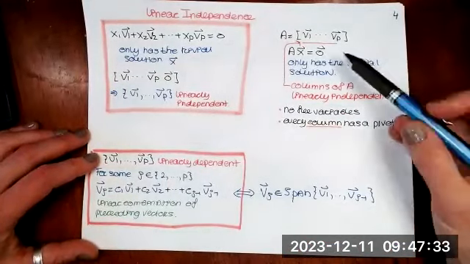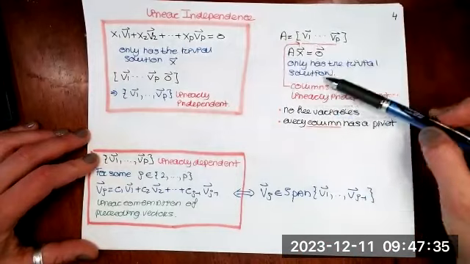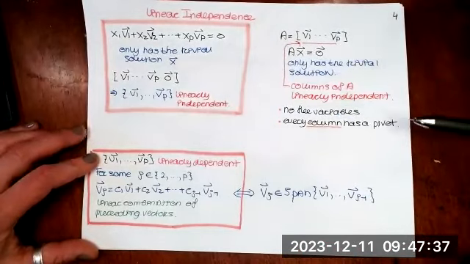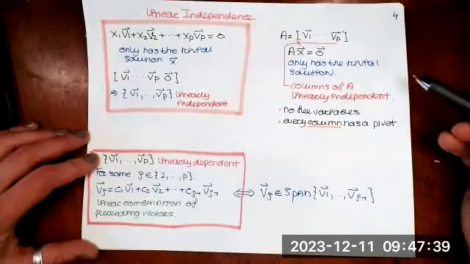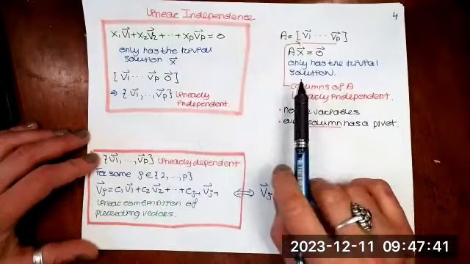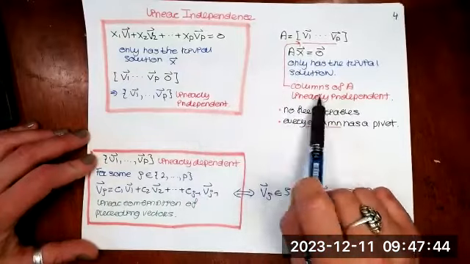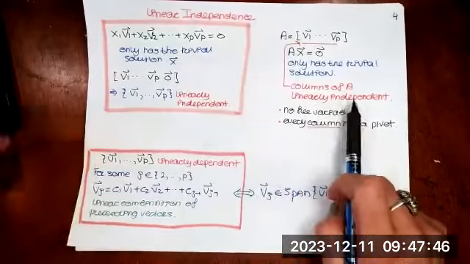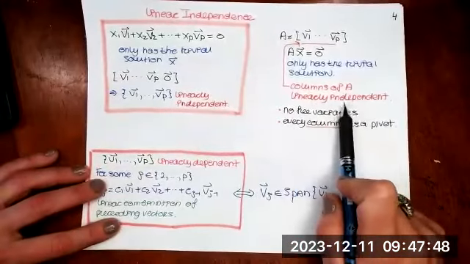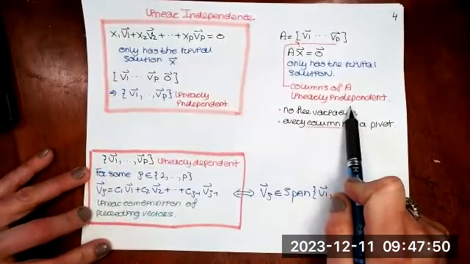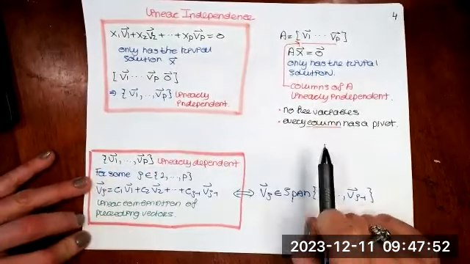You can even solve it as a homogeneous problem. If you're looking at your vectors as columns of A, then you're looking for the columns of A being linearly independent.